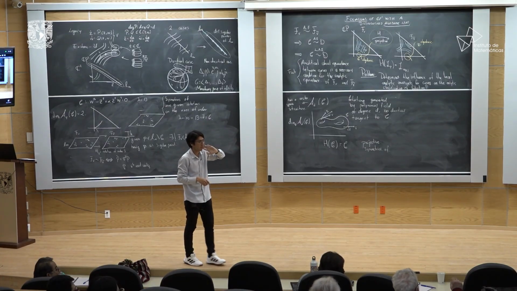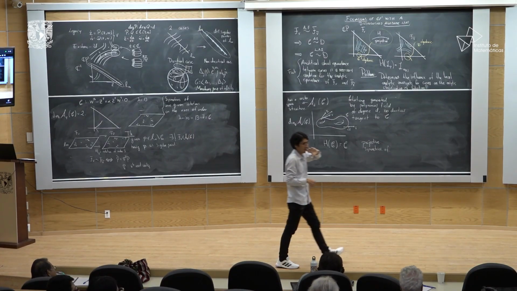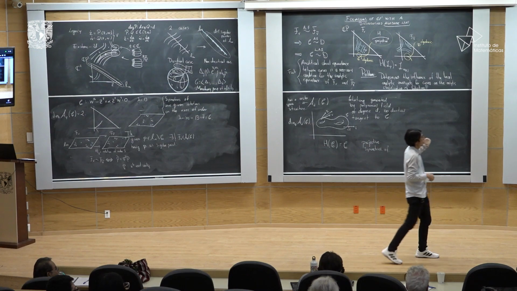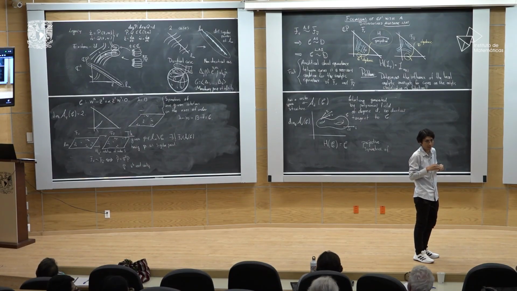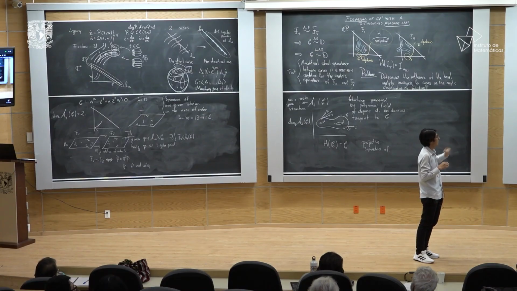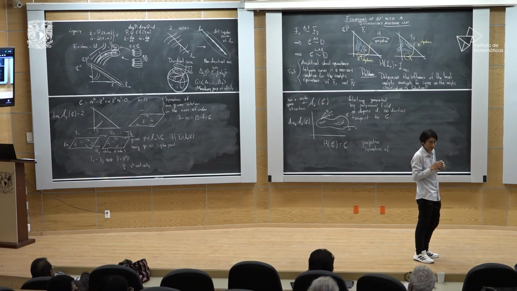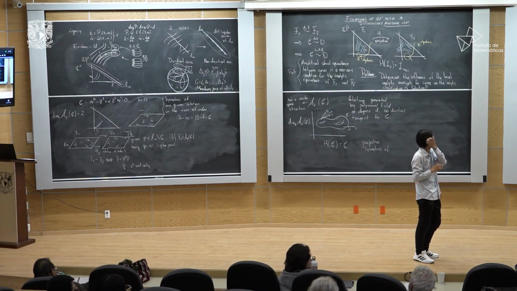Can this theory be generalized to varieties, algebraic varieties? Because we can think that algebraic curves are some type of algebraic varieties.